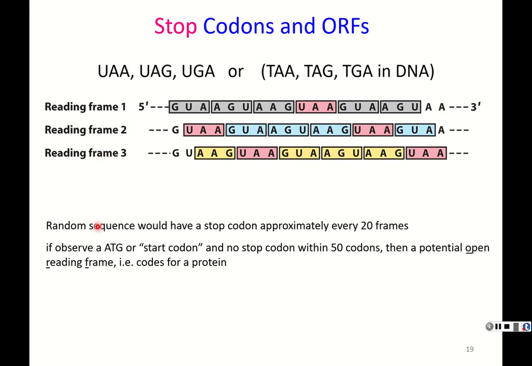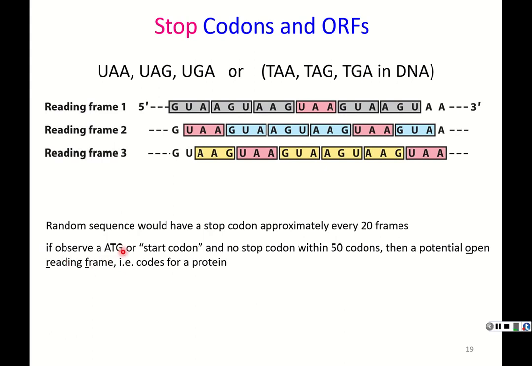A random sequence would have a stop codon approximately every 20 frames. There are 3 stop codons out of 64 possible codons, so if you're just random about it, about every 20 frames you're going to have a stop codon, which would not necessarily be a good thing.